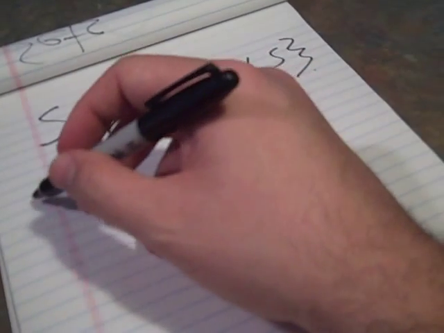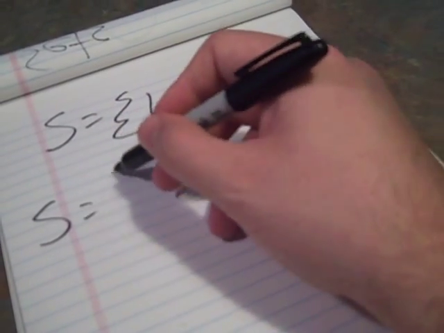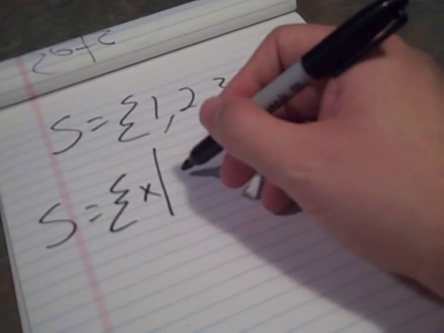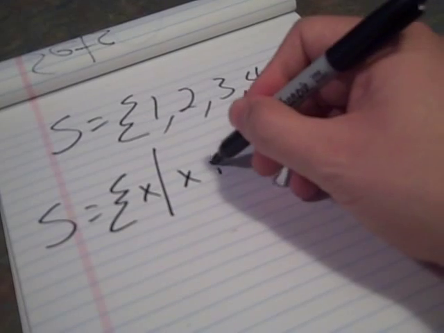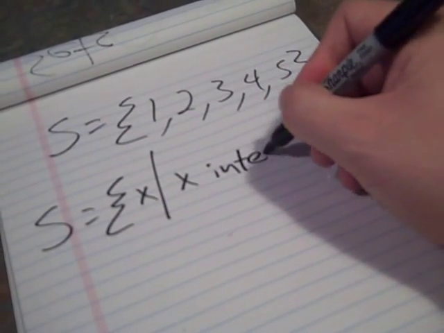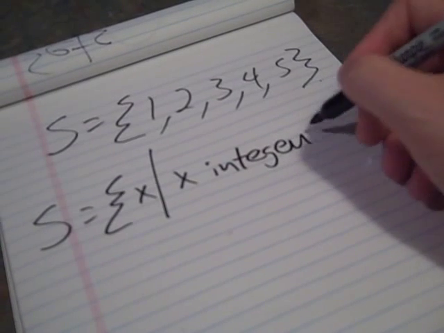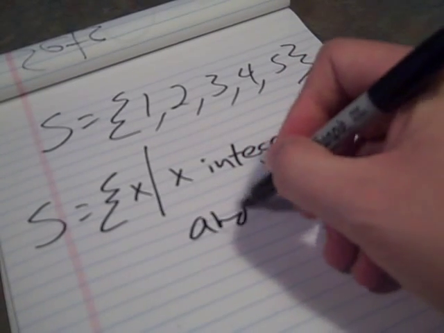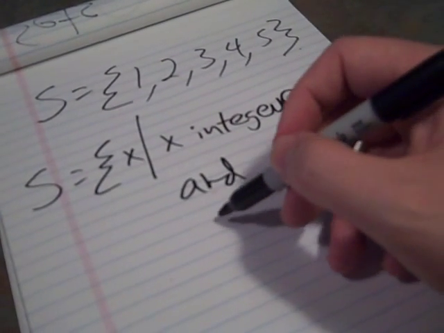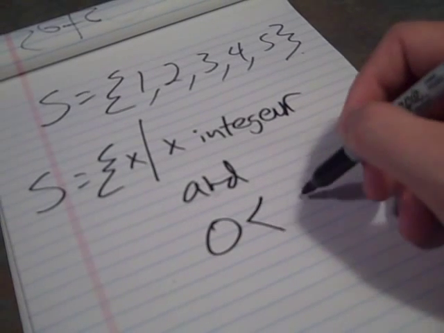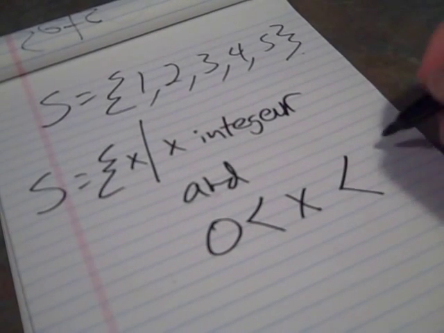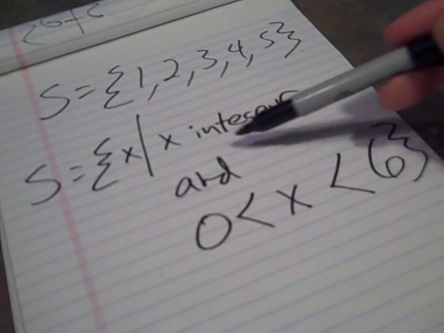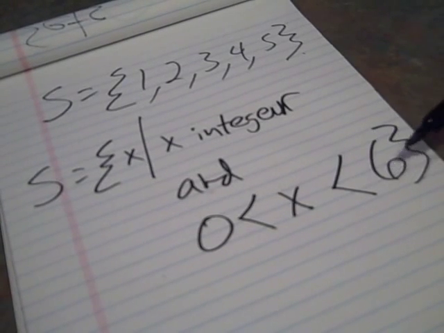But another way to write that is that you could say S equals the set of x's such that x is an integer, right? An integer, and 0 is less than x, which is less than 6, right? So all of the x's that are greater than 0 and less than 6.